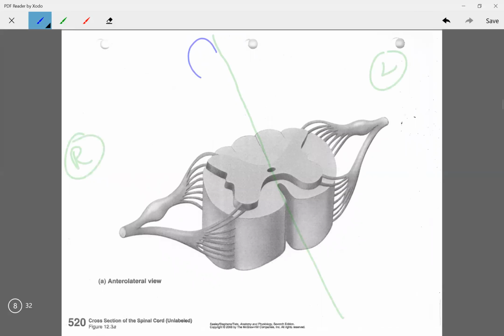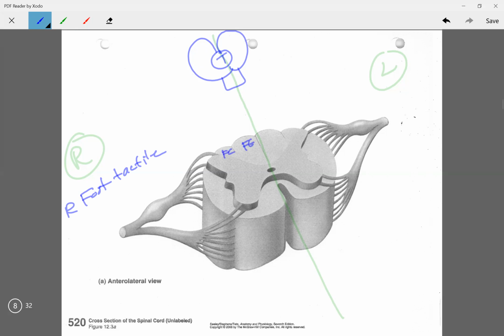Here's our brain, brain stem, thalamus. So the right foot, tactile. Here's your FG and your FC.